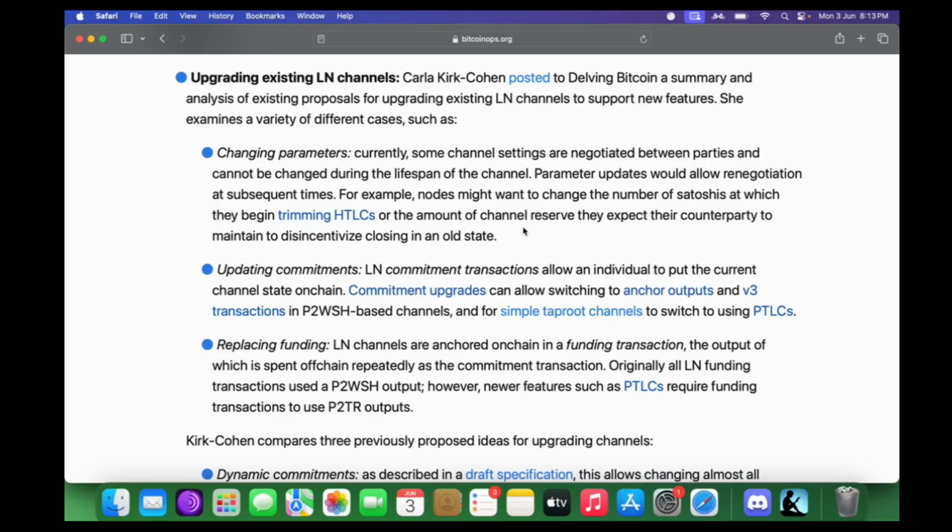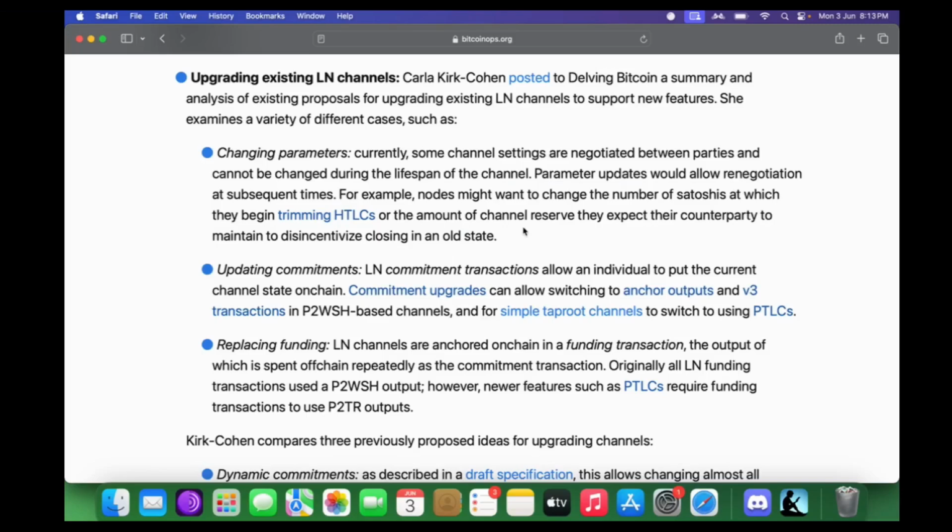Now what if there is a scenario where both the parties in a Lightning channel want to amicably update these parameters? What if during the life cycle of that channel they want to increase or reduce the amount for trimming HTLCs, or increase or reduce the amount of channel reserve, and they don't want to shut this channel and start a new channel?